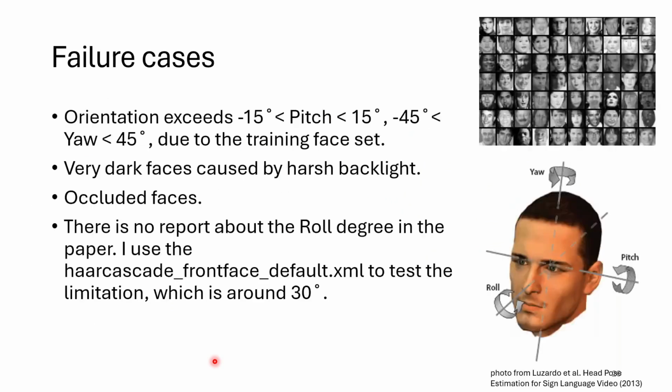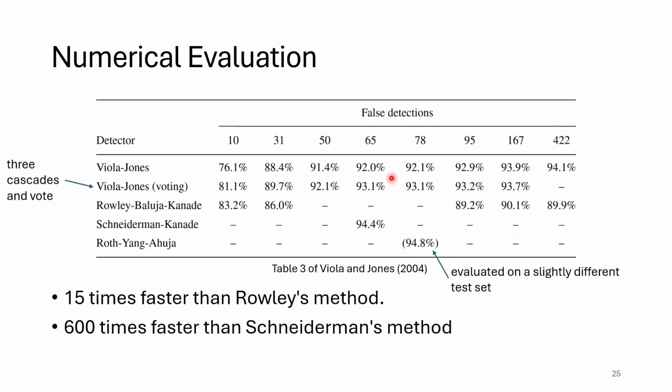For the dataset, if there are 65 false positives, how many correct, ground truth faces are detected? So they can compare this detection rate. For the different false detection levels, at 31, you can see their performance is slightly better than Rowley's method. And for the other levels, 95 and further, their performance is better.